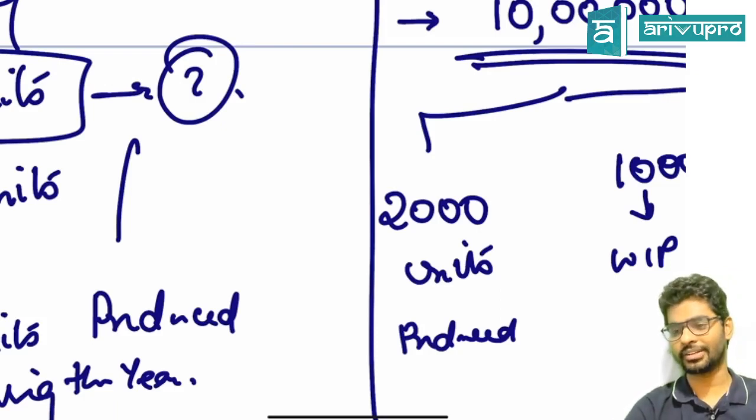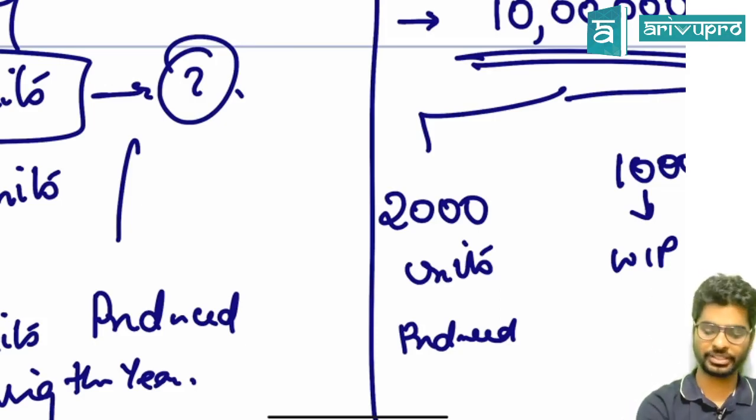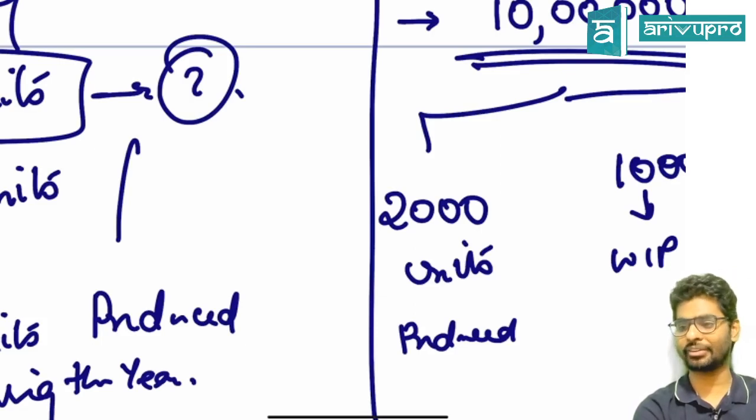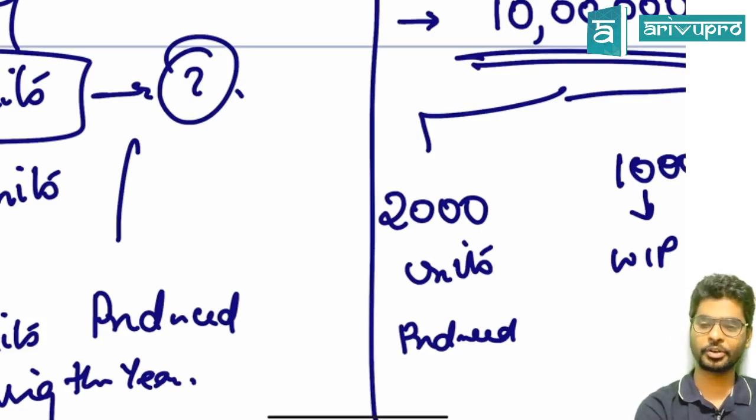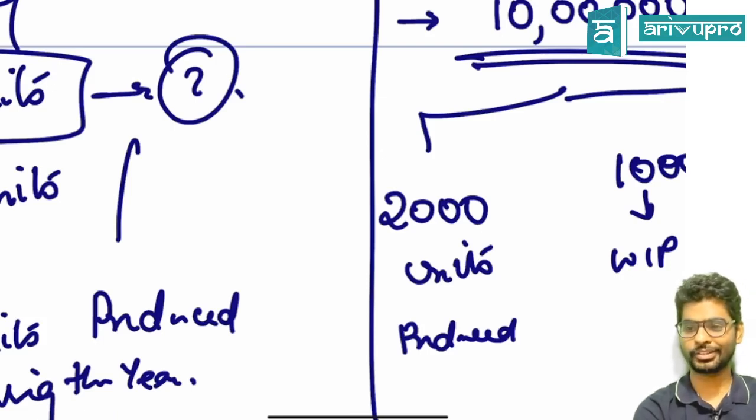I've spent 10 lakh rupees and produced 2000 units, and 1000 units are my work in progress. What is going to be my cost per unit? Is it 10 lakh divided by 3000, or 10 lakh divided by 2000? Or both are wrong? Suresh is saying either 2000 or 3000.